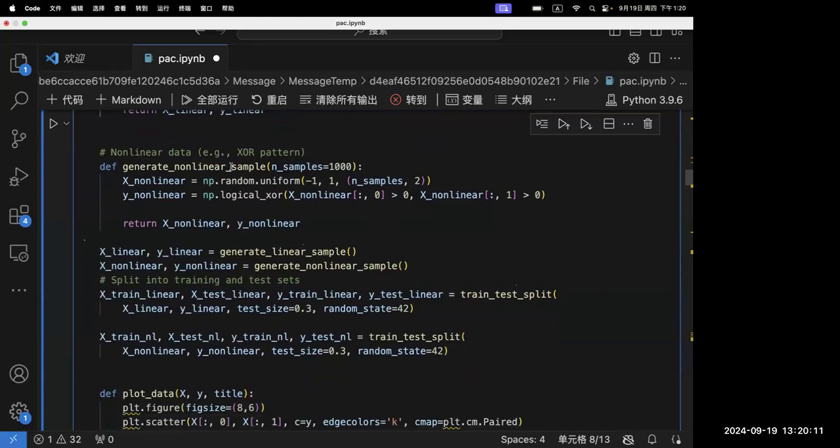And to make things harder, we will also consider a nonlinear case, which is called an XOR pattern. The XOR pattern is quite a classical way of generating nonlinear data.